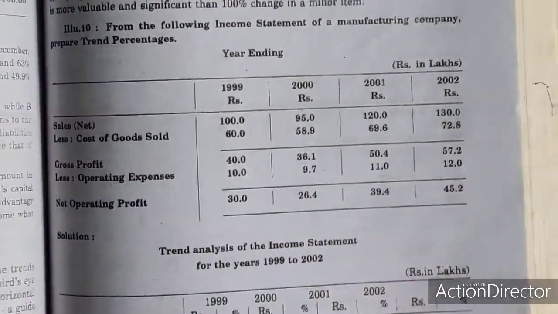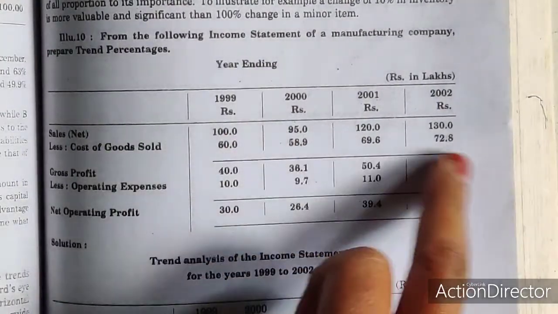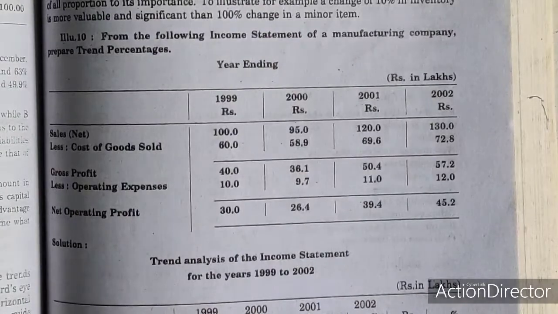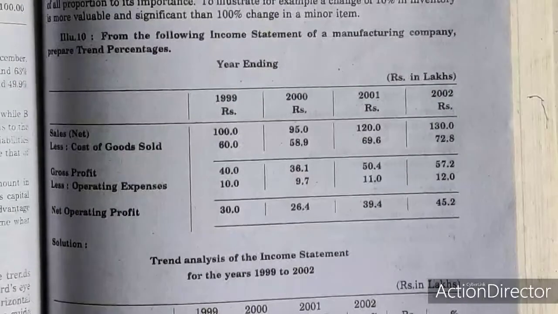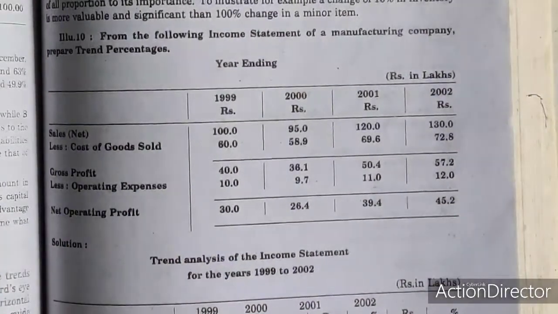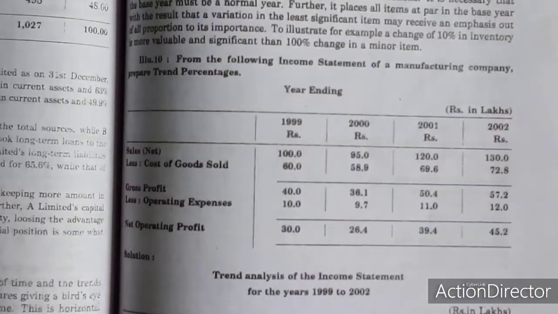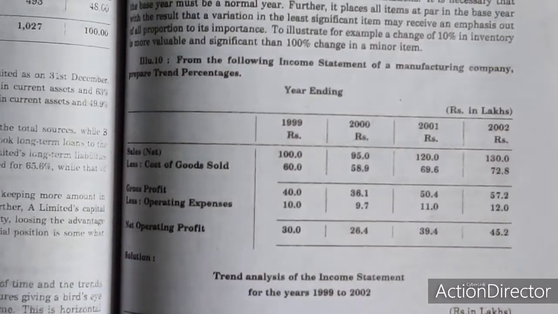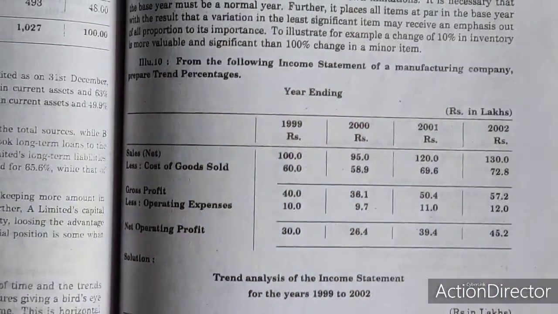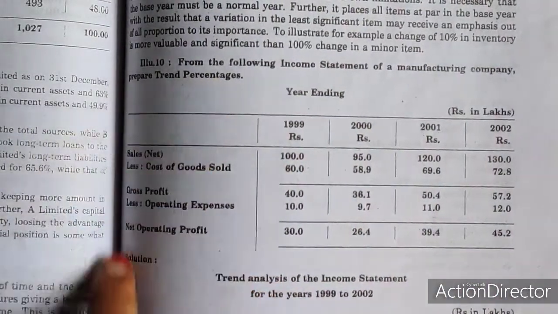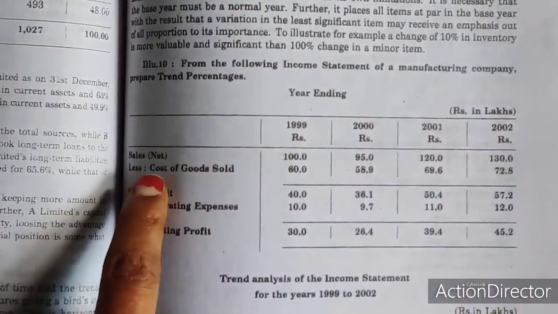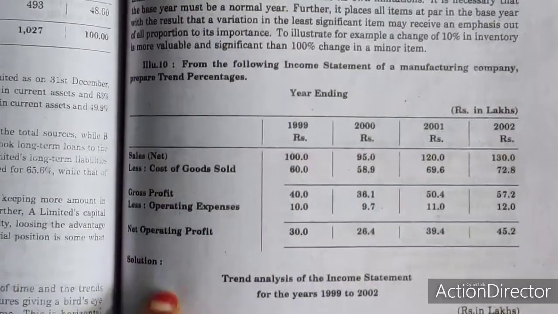In this problem we are given 4 years of information about a manufacturing company. Here also we will find the income statement and balance sheet. I will show you how to prepare the income statement using trend analysis. We need to find out the trend percentages for 1999, 2000, 2001, 2002.